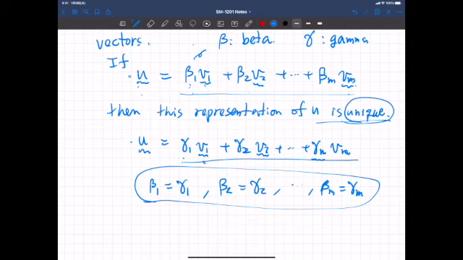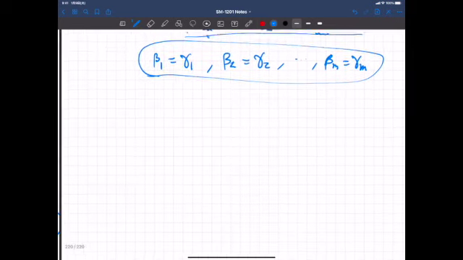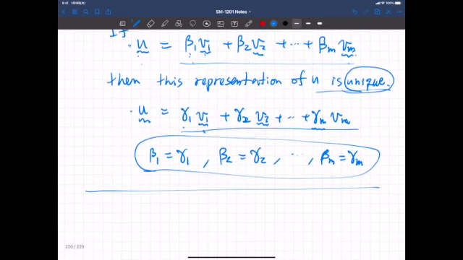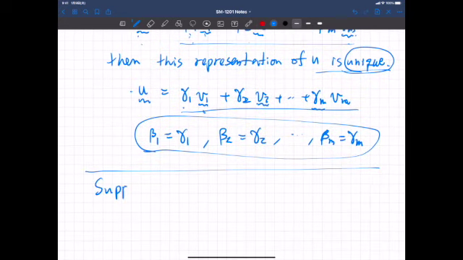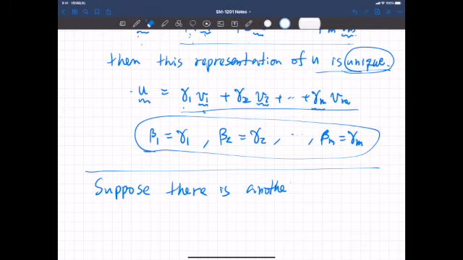Okay, so this is actually what we want to prove. So let's prove this. Suppose there is another representation, another linear combination. So that is this.